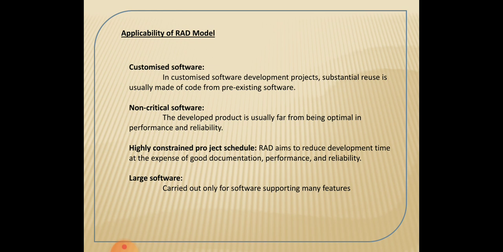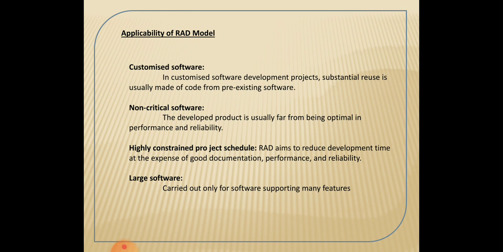In customized software development projects, heavy reuse is usually made of code from pre-existing software. For example, most of the data processing activities, such as student registration, grading, fee collection, estate management, accounting, etc., are similar to a large extent. Projects involving such tailoring can be carried out speedily and cost effectively using the RAD model.